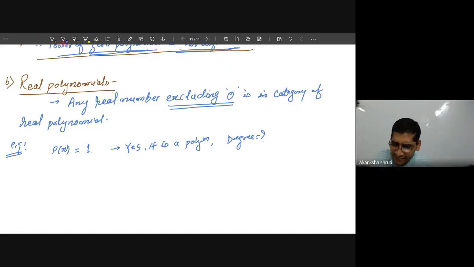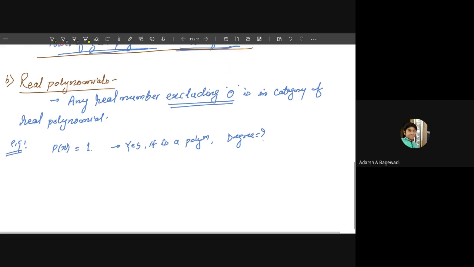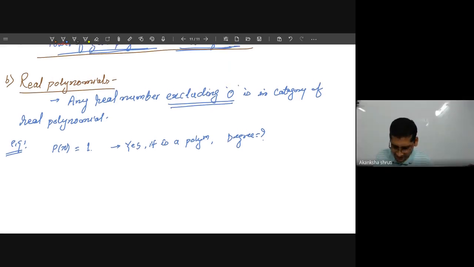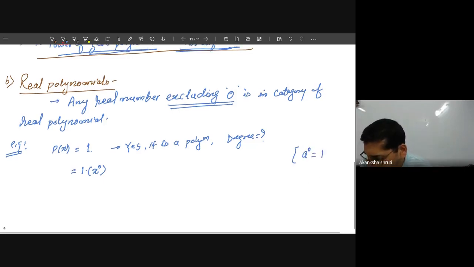Students, degree means the power of the variable. What is the variable here? x. The 1 is multiplied by x to the power 0. Please recall that 1 means 1 into the variable x to the power 0, since we know that any number to the power 0 is always 1.